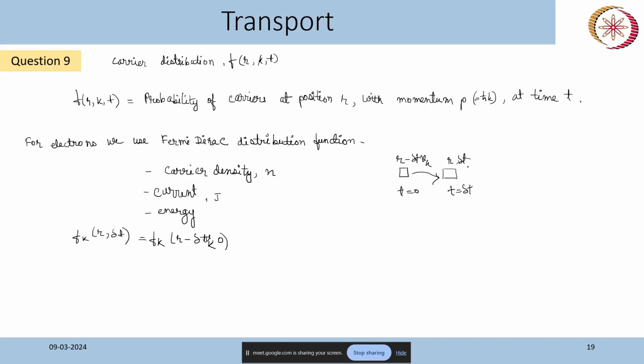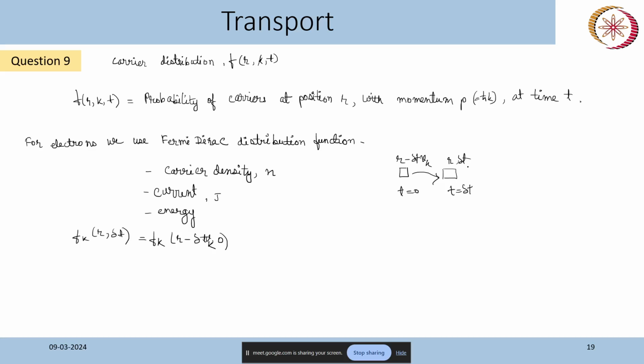Now I will use Taylor expansion to solve this. You know that for a function we can do a Taylor expansion around, suppose, a, and write it as f(a) plus f dash times (x minus a) plus higher order terms. Let's neglect the higher order terms and only consider the first two terms.